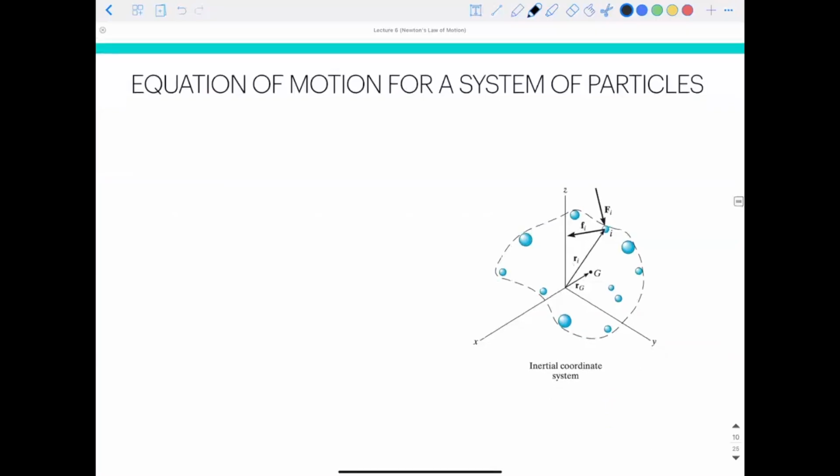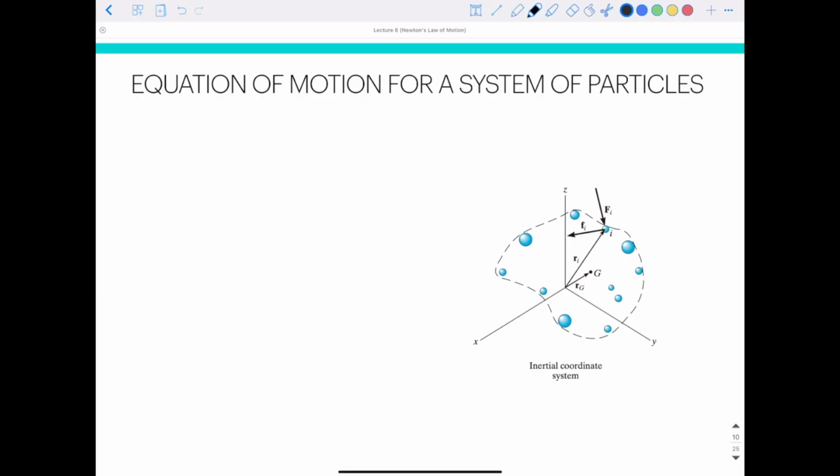All right, so now let's look at a system of particles. We can extend our equations of motion to include a system of particles, so not just a single particle. And this can include the motion of solids, liquids, gases for a system, as in statics.